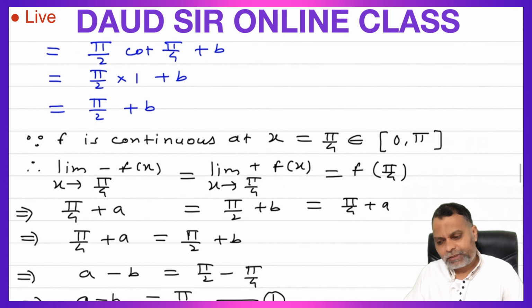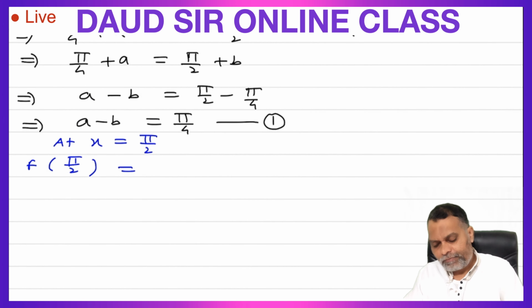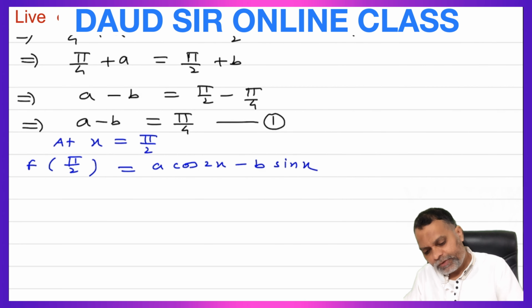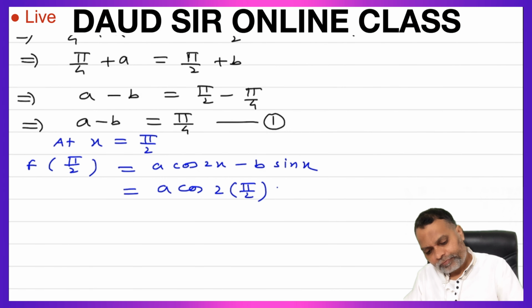Substitute x is equal to pi by 2: a cos 2 into pi by 2 minus b into sin pi by 2.